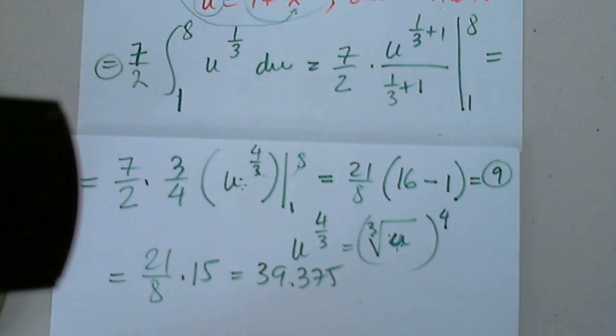When I hit enter, I have to get this 39.375. If I don't, I have to go back and see what was wrong. Maybe I entered this incorrectly, so that's why it is cumbersome to put this function in. It's not that user-friendly. You have to be very careful.